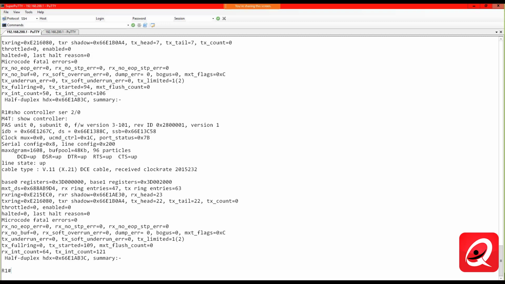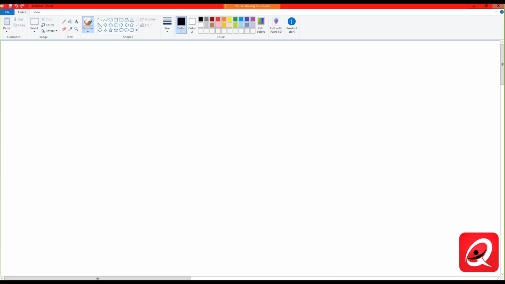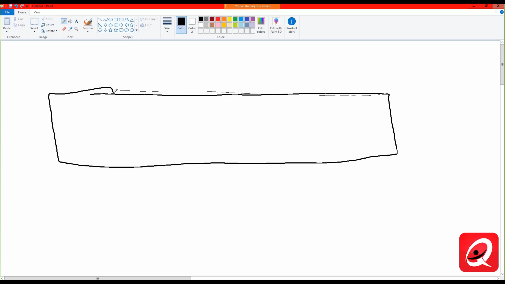Let's see, the address field in the Cisco HDLC frame. In fact, let me go ahead and pull this up here, because you guys probably are not going to follow along if I just describe it to you. So here's my HDLC frame. All right, you've got this 8-bit address field.